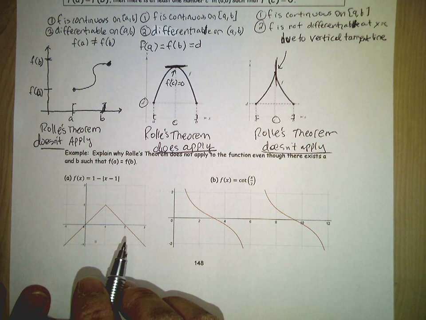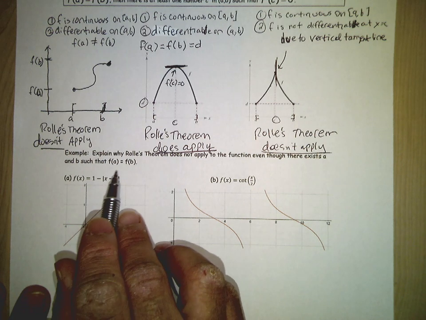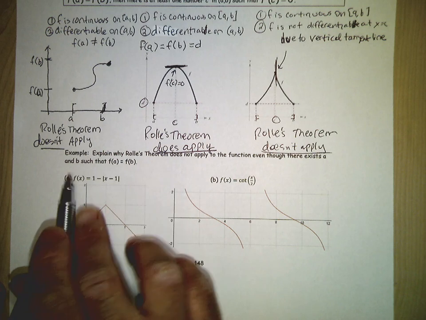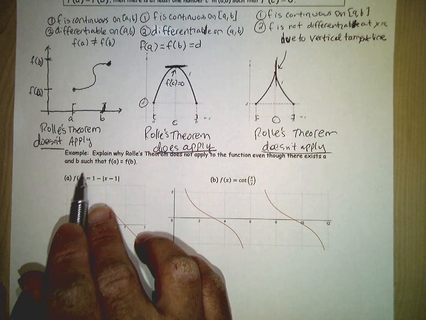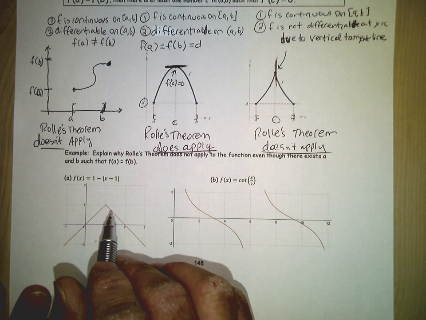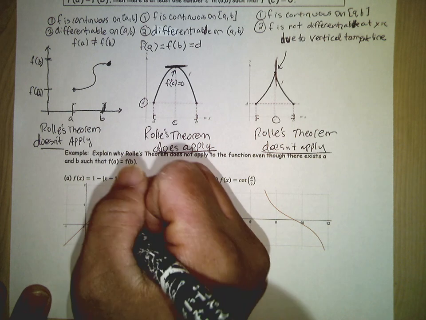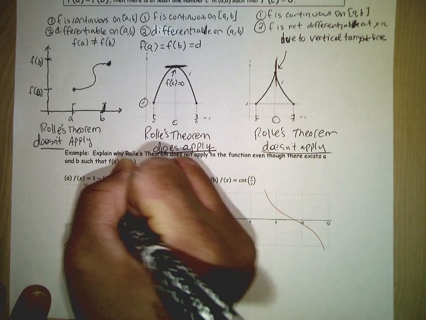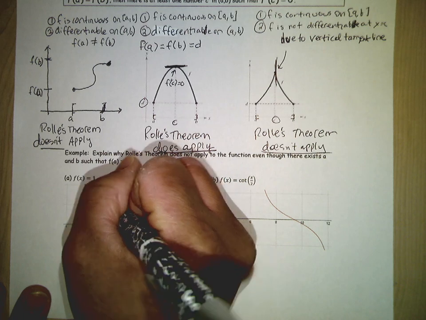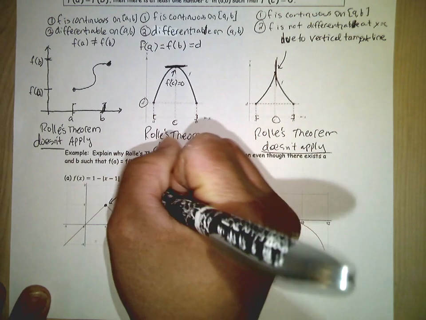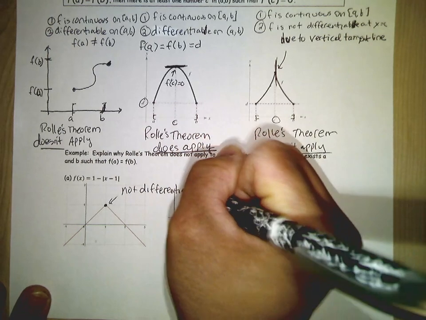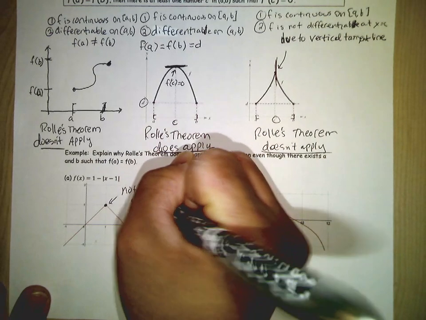So, in this next example, explain why Rolle's theorem does not apply to the function even though there exist A and B such that f of A equals f of B. So here you can see, well, the function is not differentiable at x equals 1.